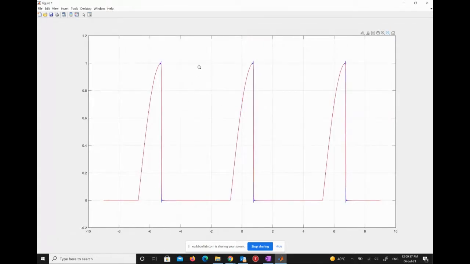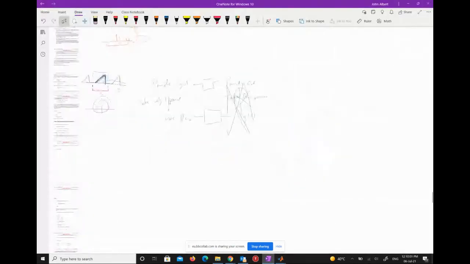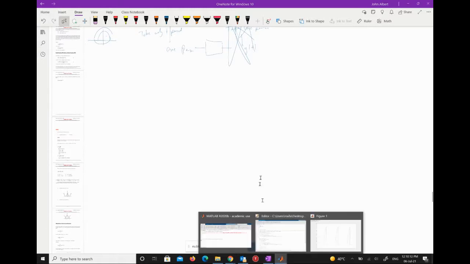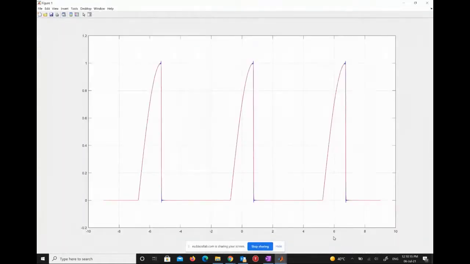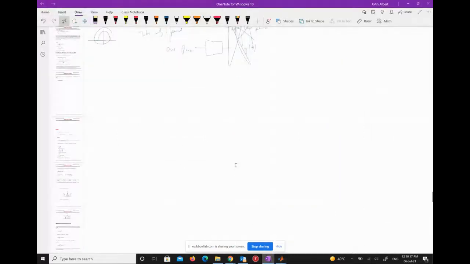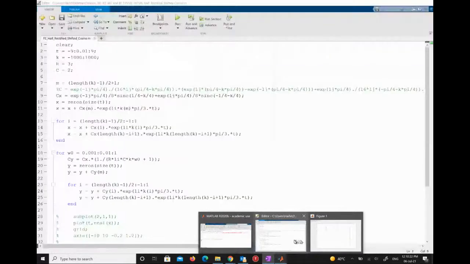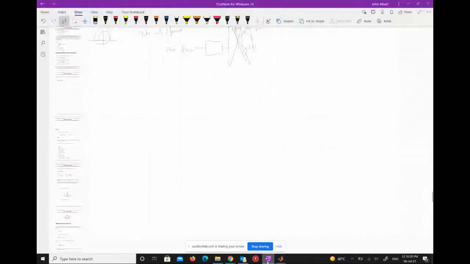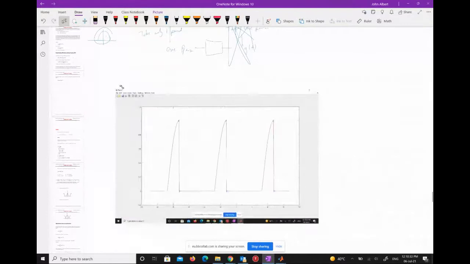Okay, let me print screen and take it to OneNote so that I can explain it in here. Print screen again. Now it should work.